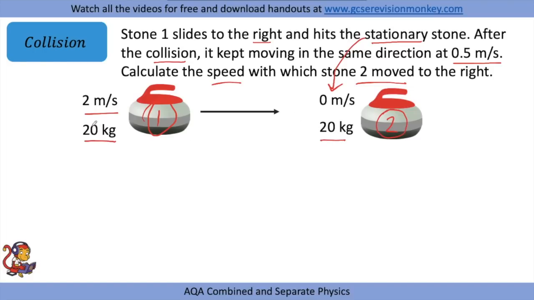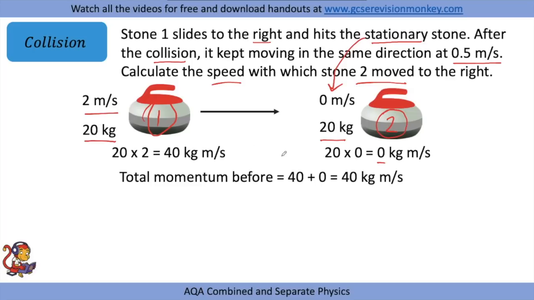So the momentum of stone 1 before is 20 multiplied by 2, because mass times velocity is momentum. So the momentum before of stone 1 is 40 kilogram meters per second. And the momentum before of stone 2 is 20 times 0, which is 0 kilogram meters per second.